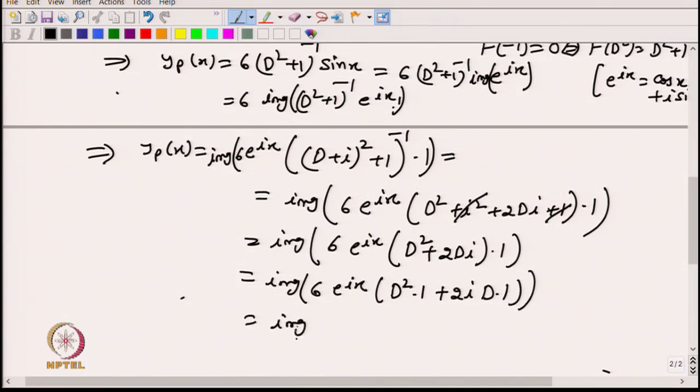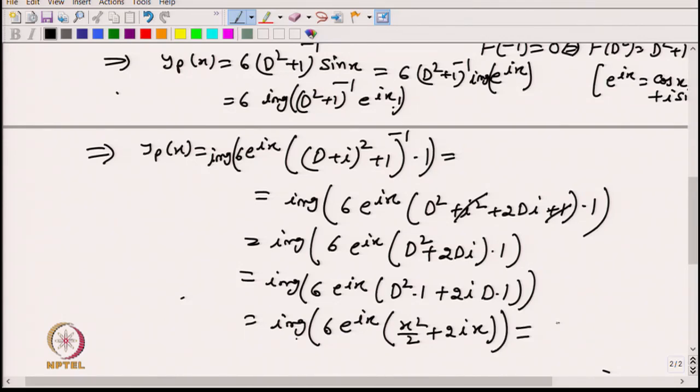I will write in this case the imaginary part of 6 e^(ix), and D squared of 1: if I take one time integration, it will be x, and another time it will be x squared by 2, plus 2i into x.